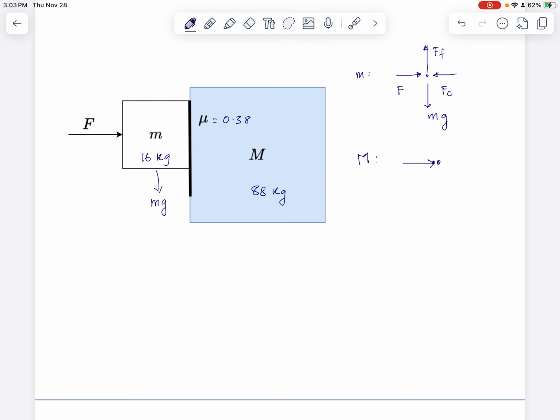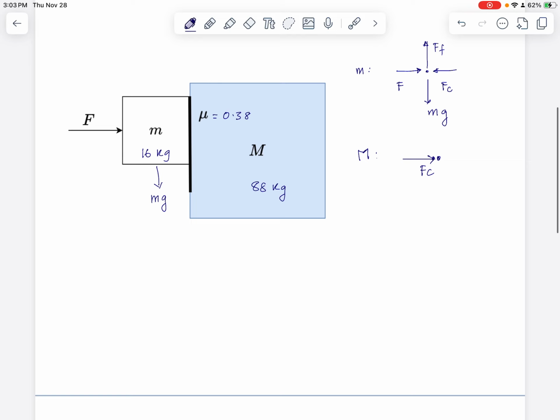Now let's write Newton's law of motion for the two masses. We get F minus the contact force equals m times A, and the contact force equals capital M times A. Both of these have the same acceleration because they move together.